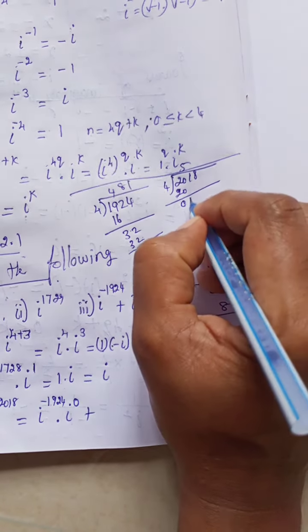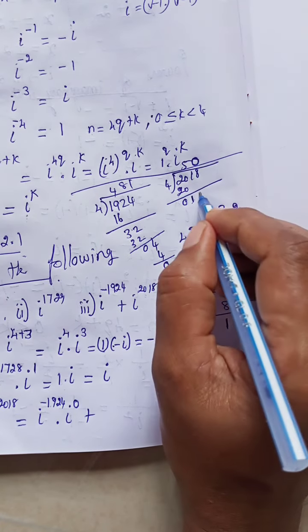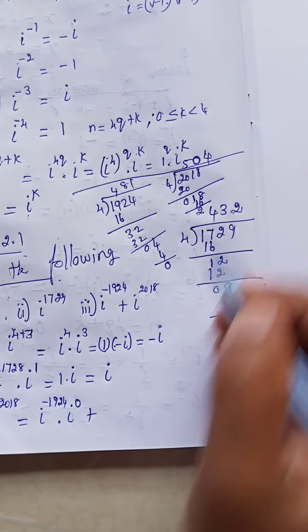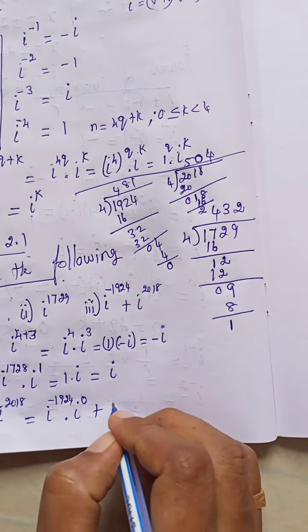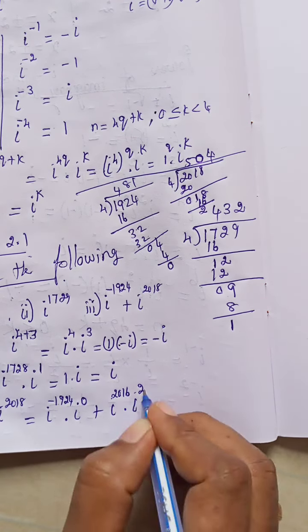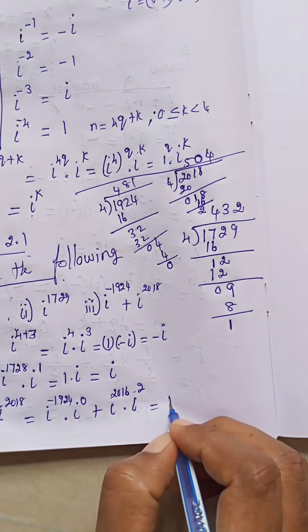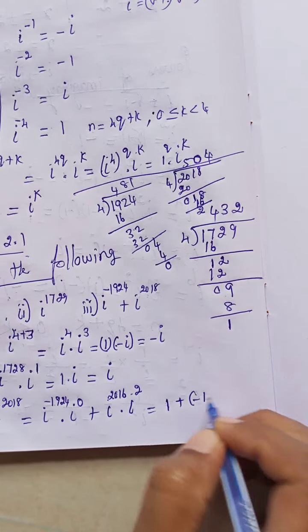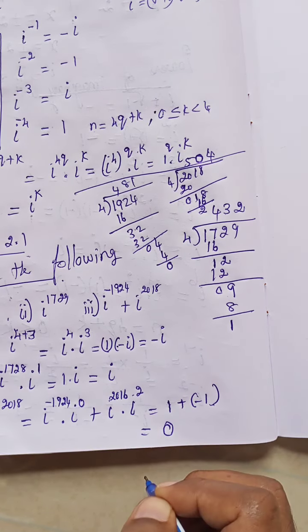No remainder. 1 is not divisible by 4, so here I have to put 0. The next number is 18. 4 fours are 16. The remainder is 2. Isn't it? So here I write i^2016 into i^2. So together 2018. We know i^0 the value is 1. Here i square the value is minus 1. So 1 minus 1 is equal to 0.